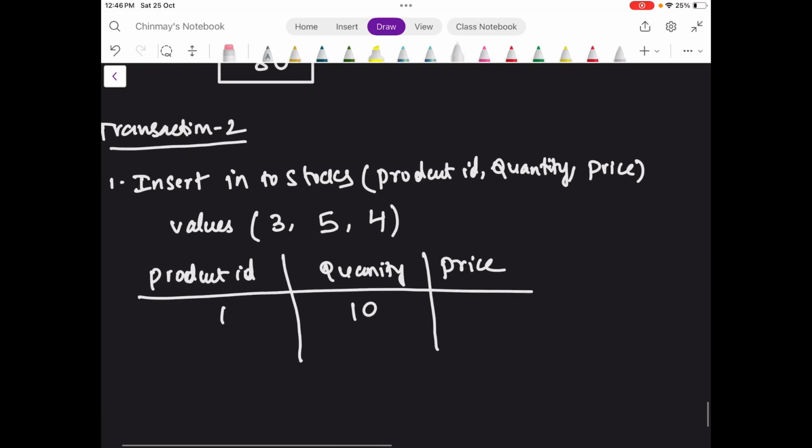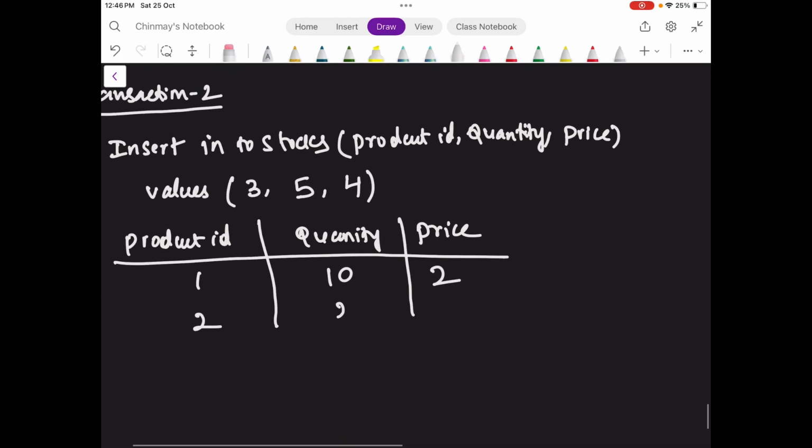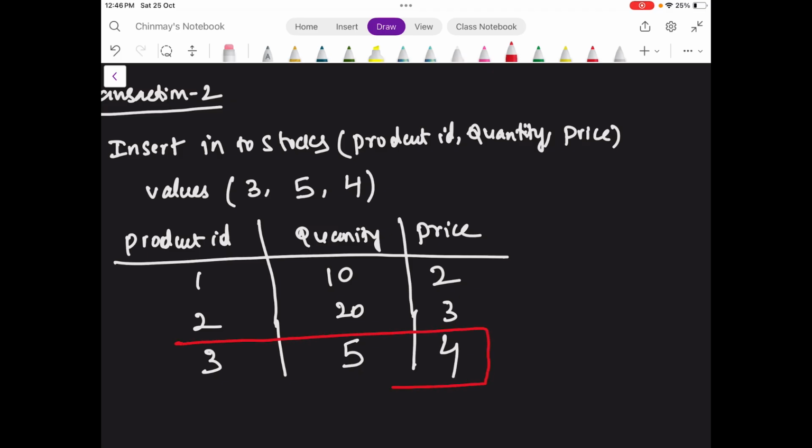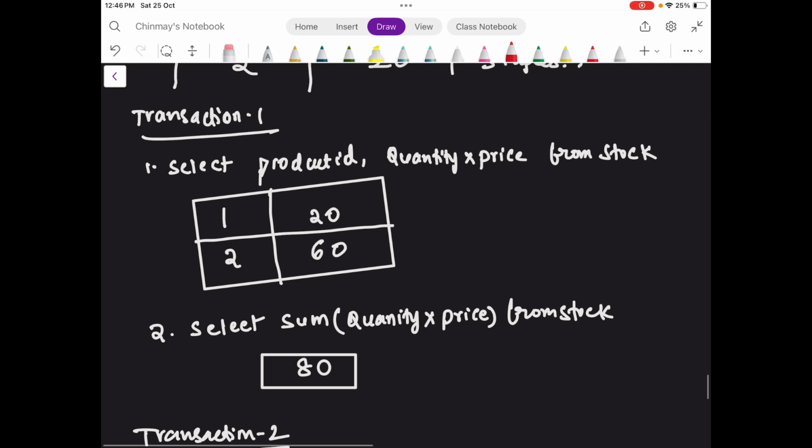Product ID 2, quantity 20, price 3 rupees. Now product ID 3, quantity 5, price 4 rupees. This is a new row which is added. These are the two transactions.